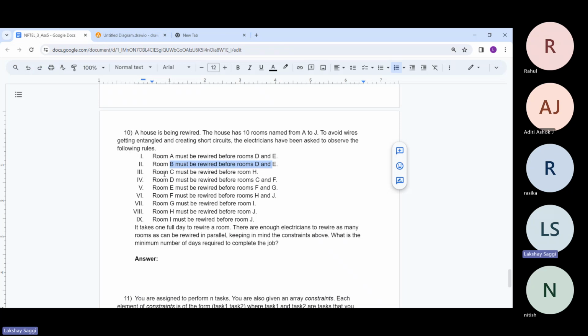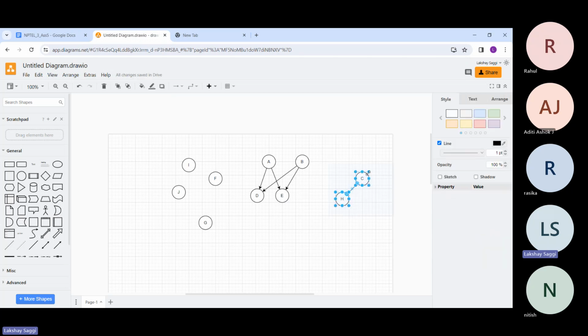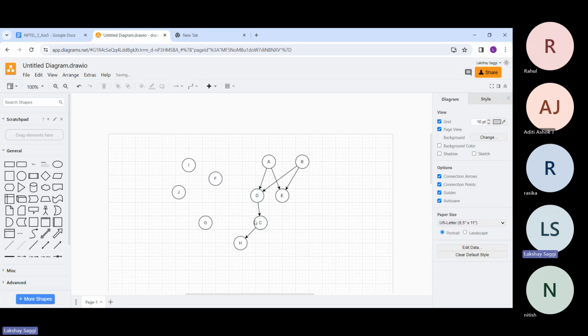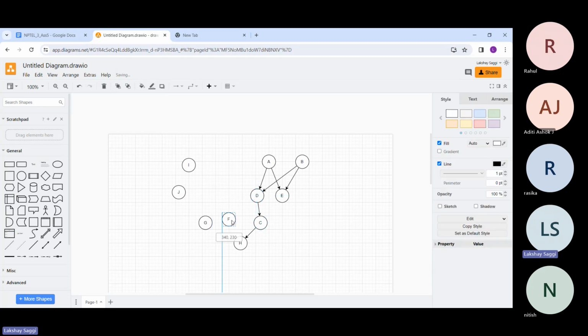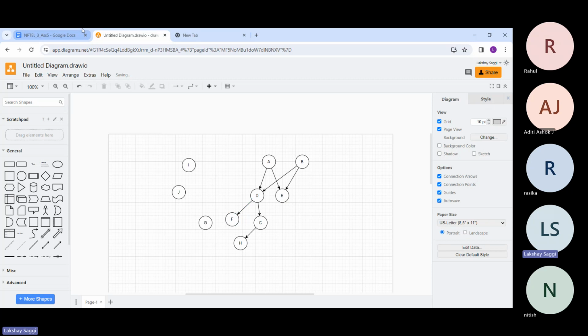And now this other constraint says that D must be rewired before C and F. So I can put C here and D is here, and D is rewired before C. So that's why the arrow comes from D to C. And similarly, the arrow will come from D to F, because D must be rewired before C and F. Right.